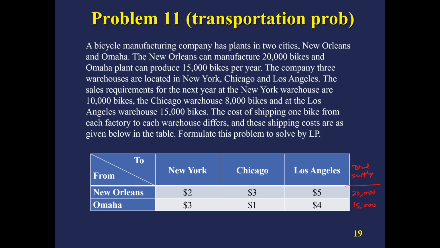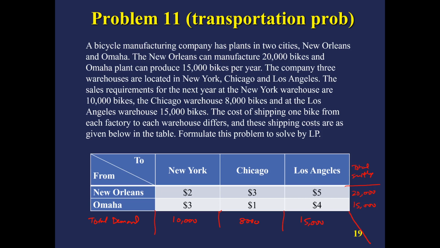On the other hand, the total destination demand is 10,000 for New York, 8,000 bikes for Chicago, and 15,000 bikes for Los Angeles.